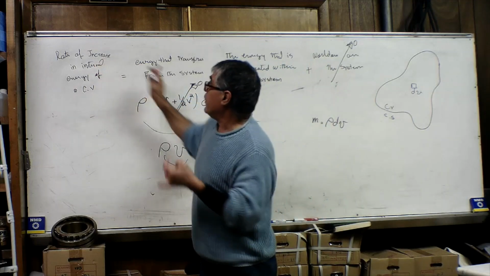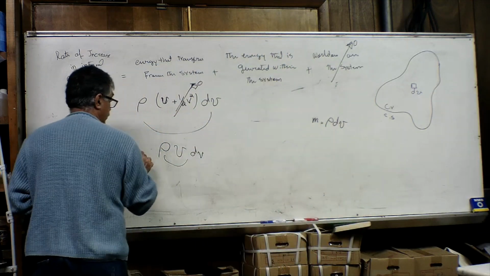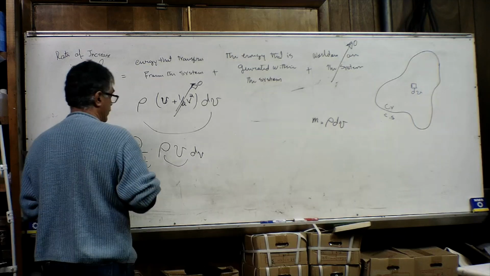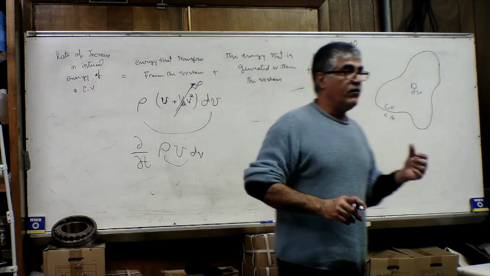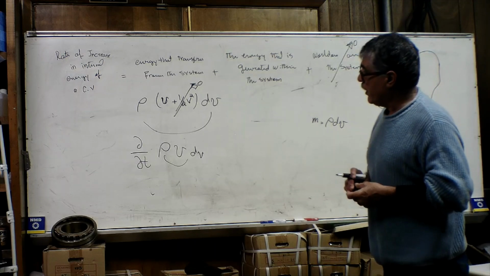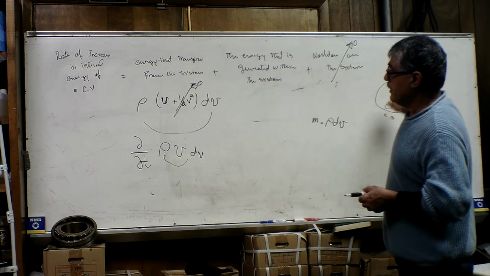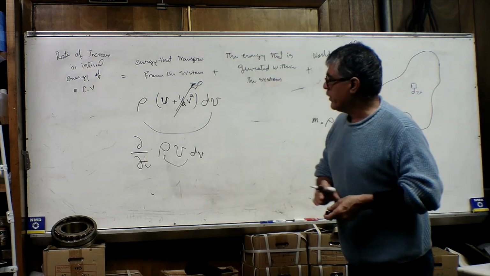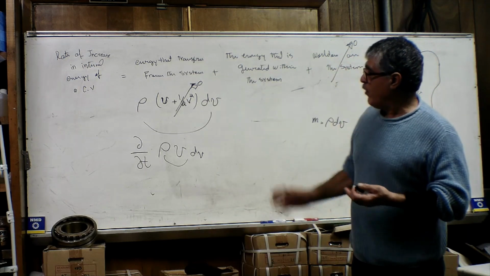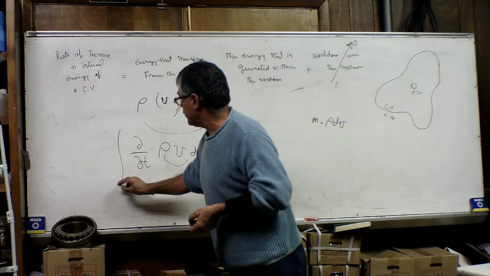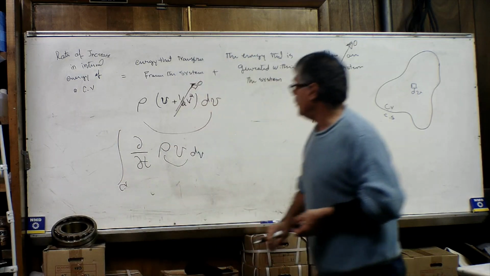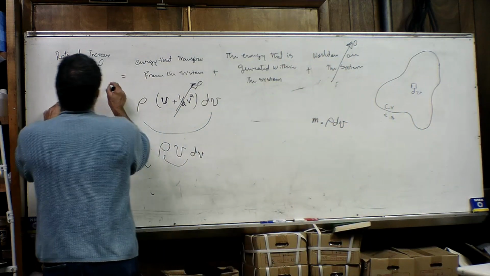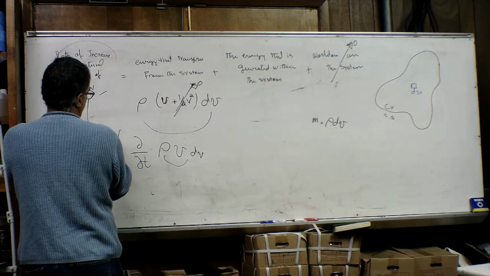Now, the rate of increase we can show by the partial derivative with respect to time. So this is the rate of increase of energy within this differential volume. To find it for the entire volume of our system, we have to take the integration over the entire volume of our system. So this first portion, so far, we are at this point.